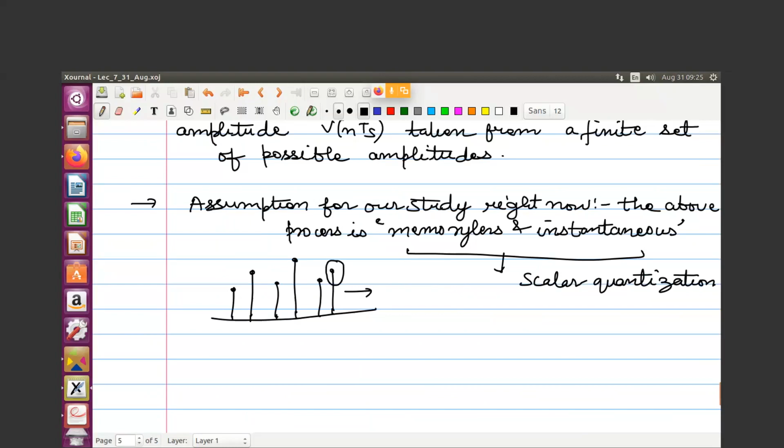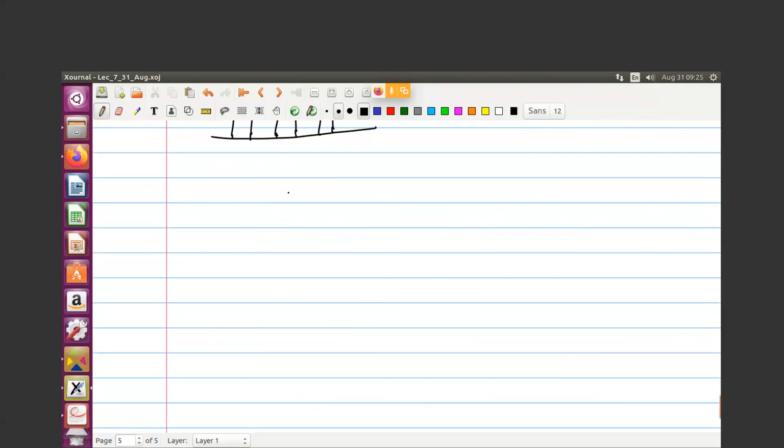So let us see it through an example. Suppose our quantizer takes the input from minus MP to MP, where MP is the limit in which our quantizer operates. If there is a signal with an amplitude greater than MP or below minus MP, then it is clipped or chopped off.